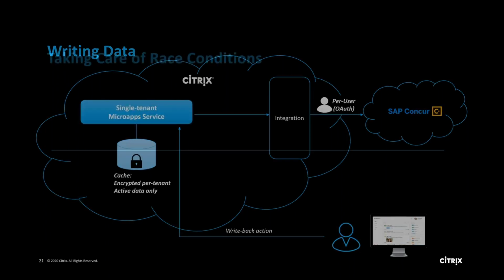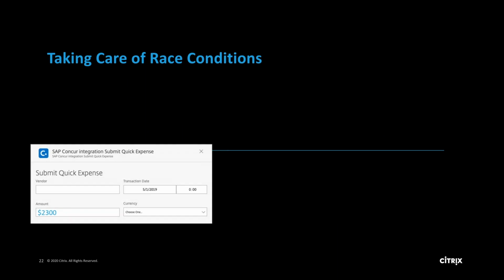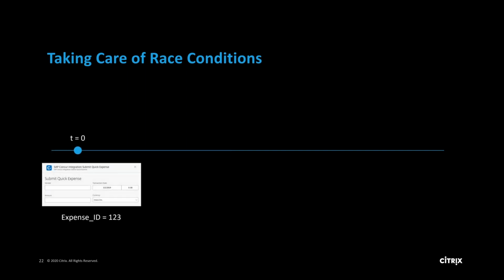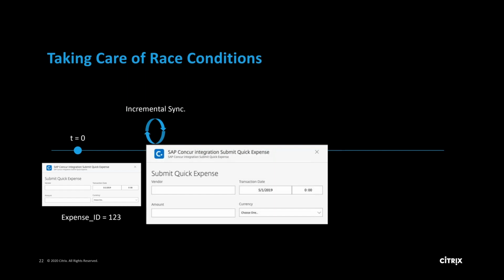Now, once we've done that, we have to worry about race conditions. So why is that a problem? Well, imagine the scenario where I have submitted my $2,300 expense at time equals 0, and it has an expense ID of 123 because all good things have ID 123. Our incremental synchronization happens a little while later, so that's when we pull the data from the system of record into our cache.